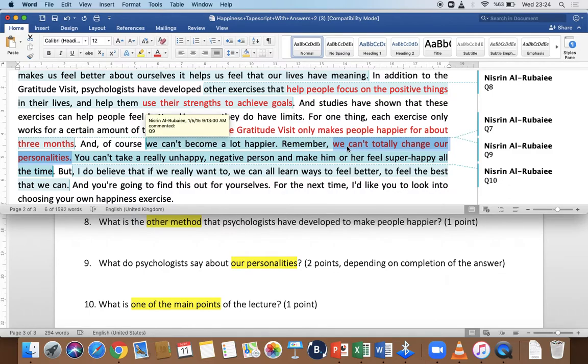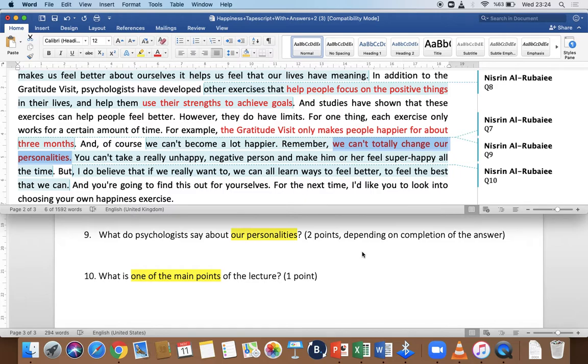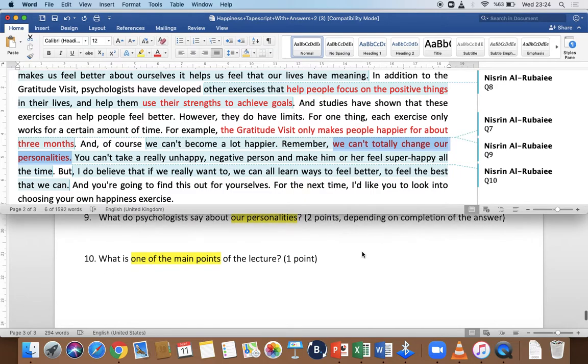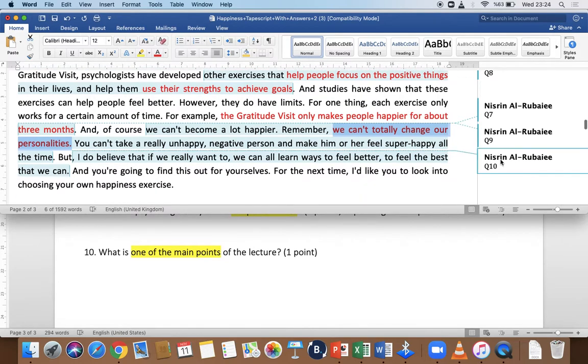We can't totally change our personalities. And last question, what is one of the main points of the lecture? And as you see, the main point is this. If we really want to, we can all learn ways to feel better. So we can feel better. This is one of the main points of the lecture.